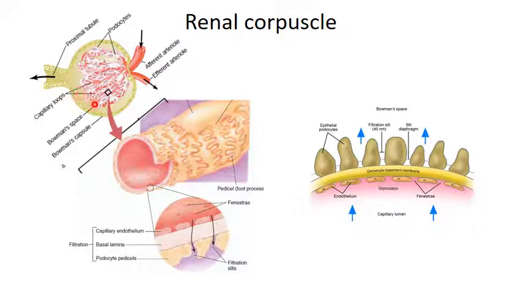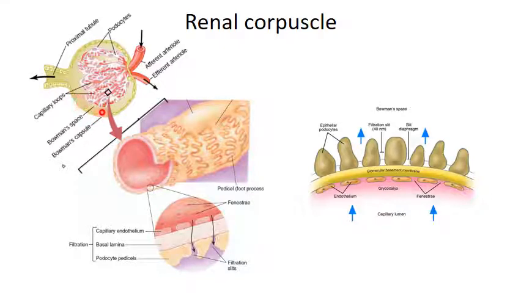Now, the glomerulus is surrounded by a cup-shaped structure, which you can say is a distended end of the renal tubule. This cup-shaped structure has two layers, an outer layer called the parietal layer, and an inner layer called the visceral layer.